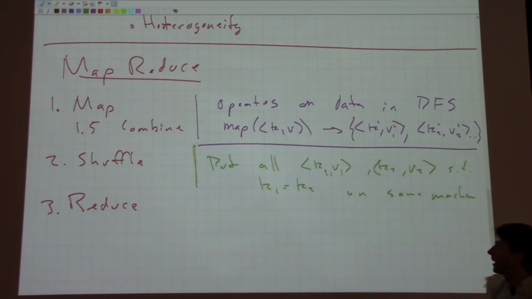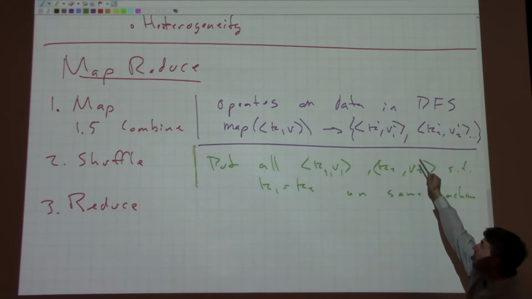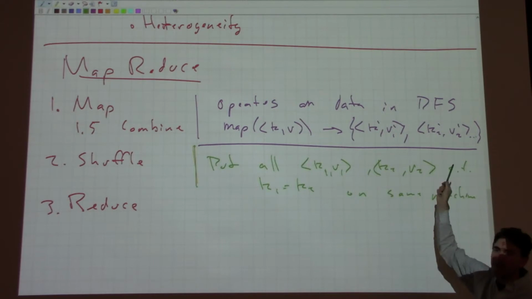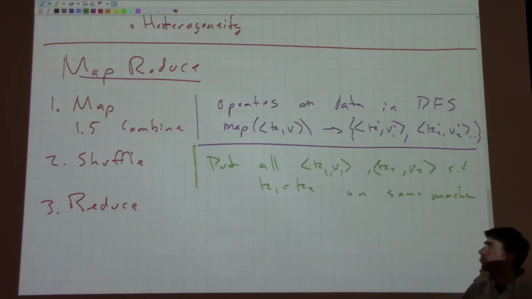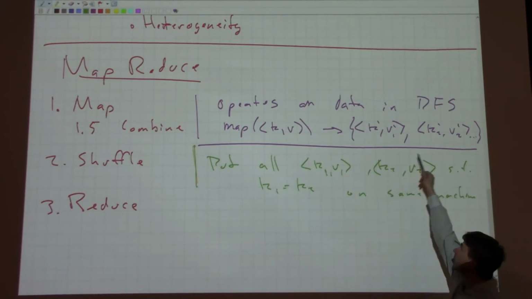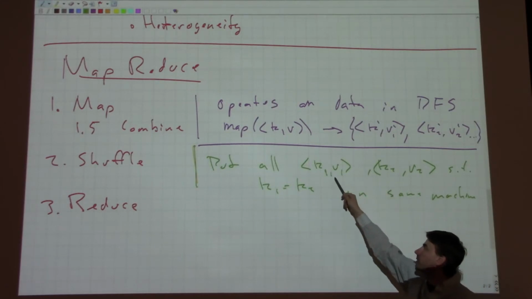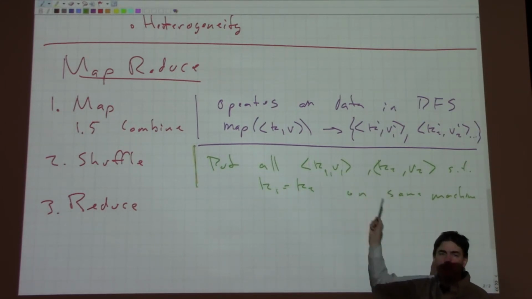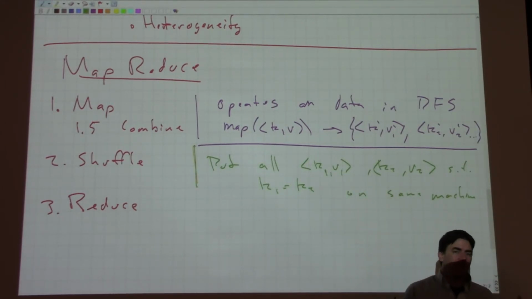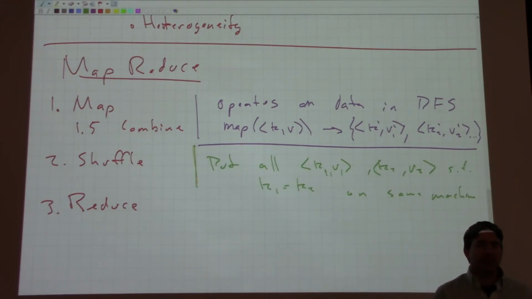This is where the data is moved in between machines. It's going to output a bunch of key value pairs from the map step, done in parallel across all machines. Then all the ones with the same key are going to get moved onto the same machine, hopefully in the same block if possible, but they could be in consecutive blocks on the same machine. They might be coming into this machine in a stream. There are a few different ways to think about this.